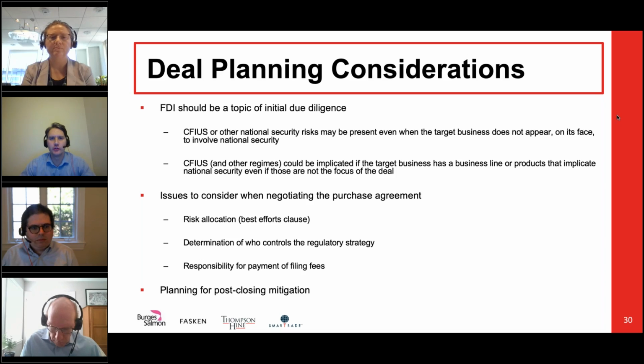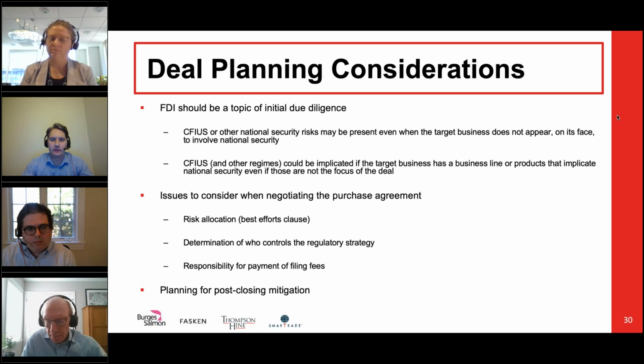For example, should you adopt a hell or high water approach, where the acquirer is required to take all steps or do absolutely everything to obtain clearance, including making any divestments that the regulator might require? Or should you have more of a best efforts type clause, which sets out that the parties will both be making best efforts to obtain clearance, but that might not actually require them to go as far as giving remedies in order to close the deal.